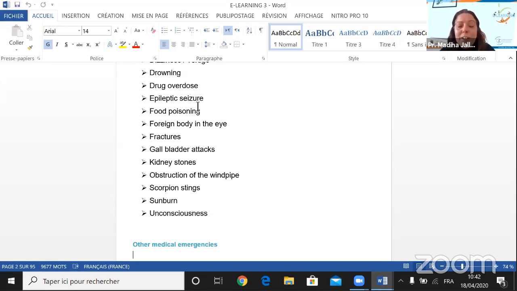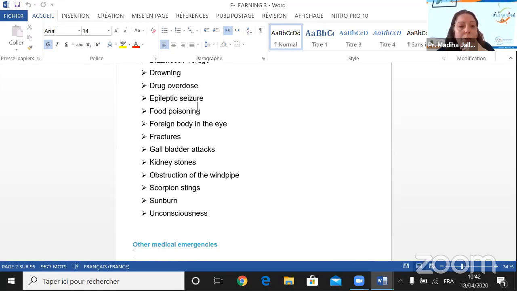Epileptic seizure is related to a neurological disease. This is a neurological, nervous disorder. The disease is called epilepsy. Epilepsy causes this epileptic seizure, so the person jerks. His breathing is difficult. The person can fall.